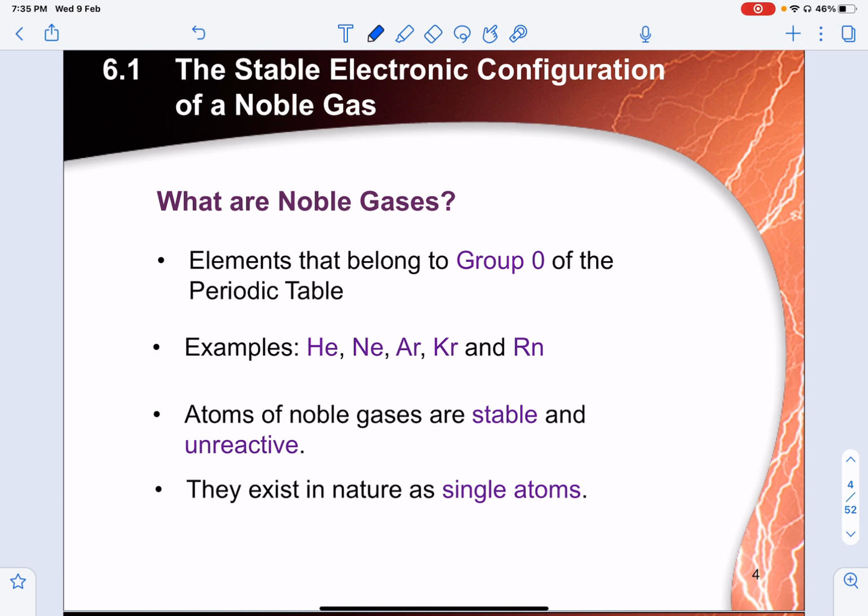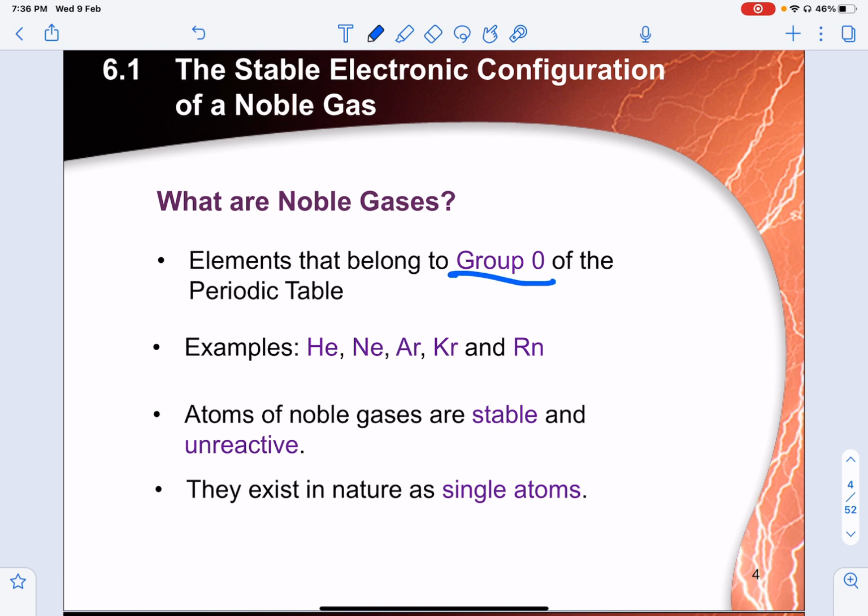Elements that have these properties are generally known as noble gases, and they belong to group 0 of the periodic table. Group 0 is found on the right hand side of the periodic table, and they are namely helium, where He is the chemical symbol for helium, then Ne is neon, then argon, and so on and so forth.